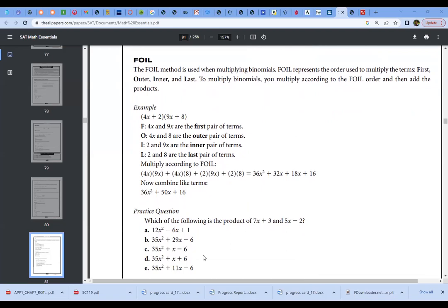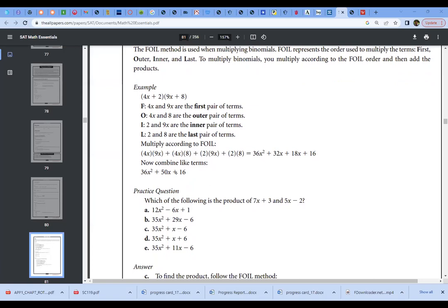So if you have a question like the product of 7x plus 3 and 5x minus 2, what is the product of these two expressions? Can you choose the right one? If you need to use this technique, it's okay: first by first, outer, inner, and last.